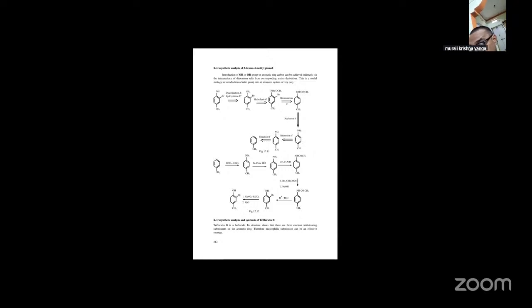Next one is retrosynthetic analysis of 2-bromo-4-methyl phenol. 2-bromo-4-methyl phenol undergoes diazotization and hydroxylation transform, then gives 2-bromo-4-methyl aniline. It undergoes hydrolysis transform, then gives 2-bromo-4-methyl N-acyl aniline.